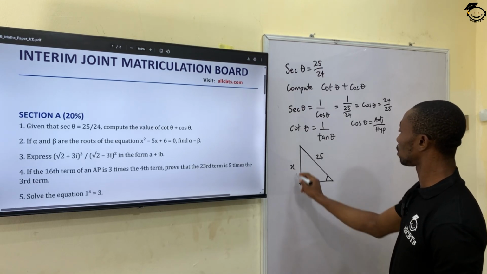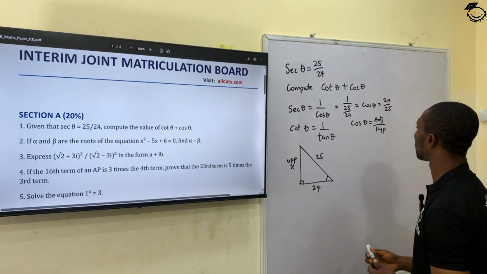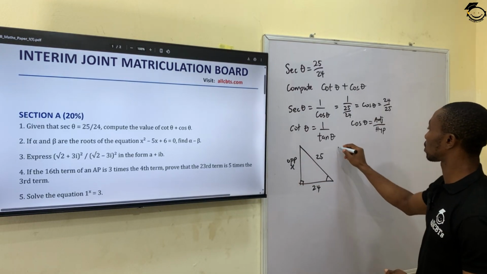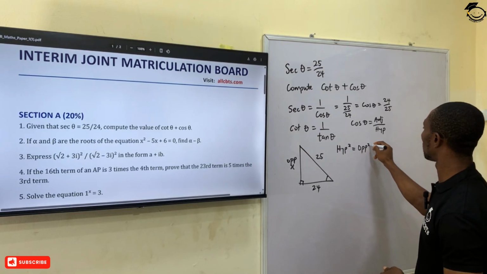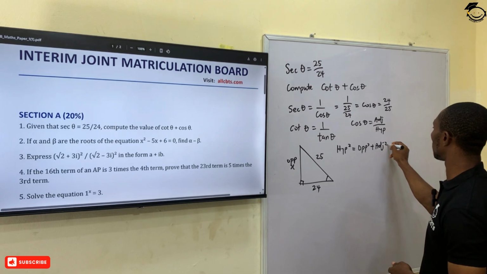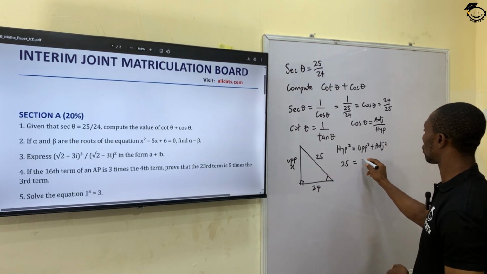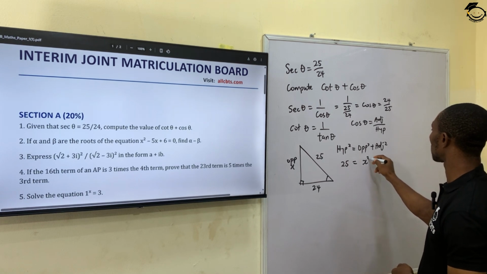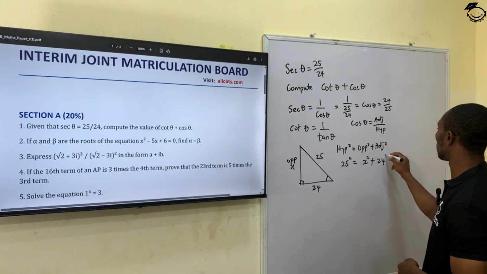So we need to find our x, which is our opposite. In application of Pythagoras theorem that says hypotenuse squared equals opposite squared plus adjacent squared. Our hypotenuse in this case is 25 equals opposite x plus adjacent, which is 24 squared.